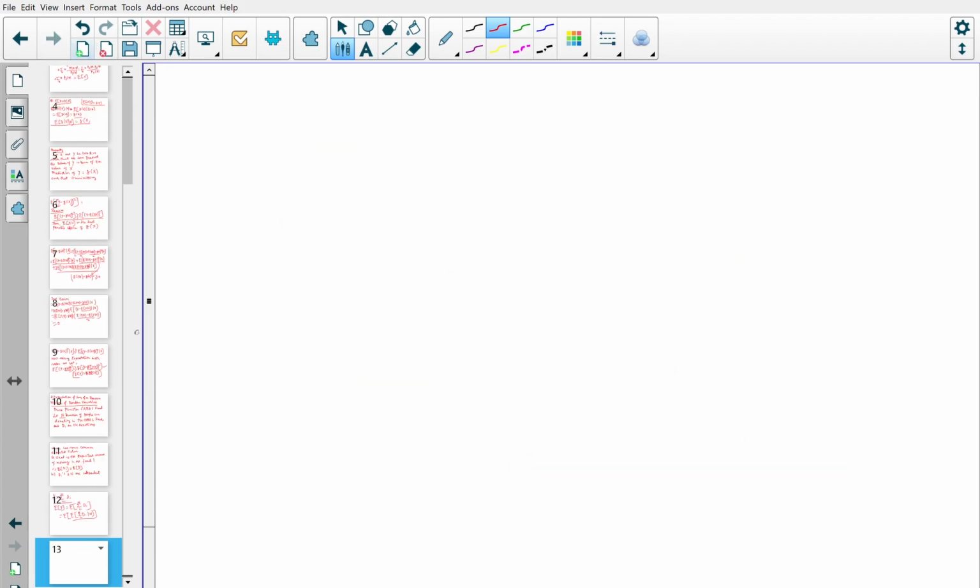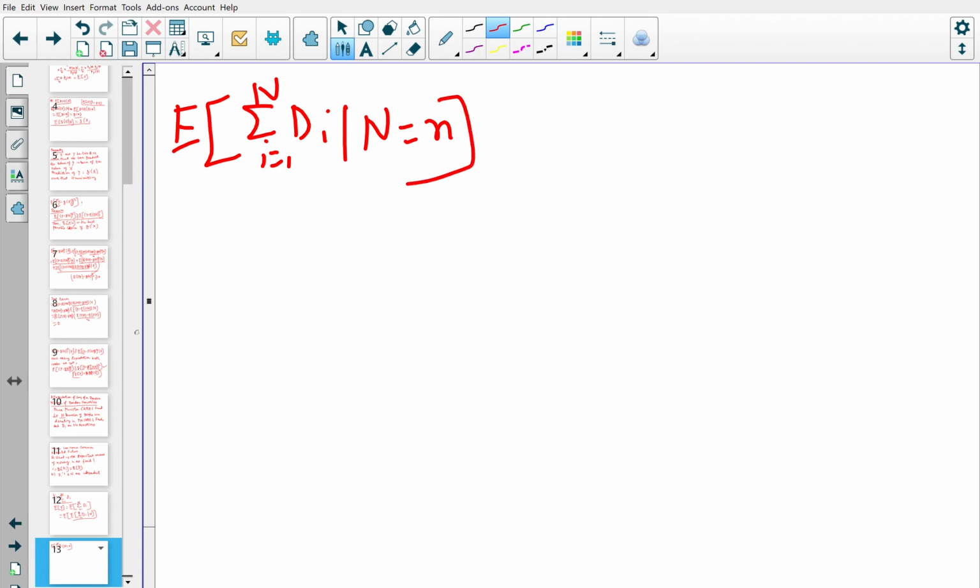To find the inner expectation, we start with this: the expectation of the sum over Di, i equal to 1 to N, given N equal to small n, say small n number of people are donating in the PM CARES funds. When capital N equals small n, the sum becomes the sum from i equal to 1 to small n of Di, given N equal to small n.